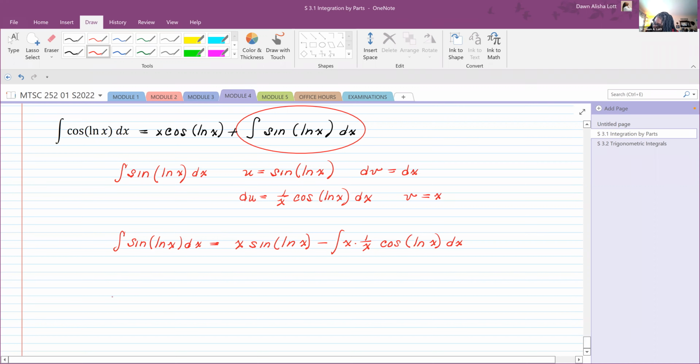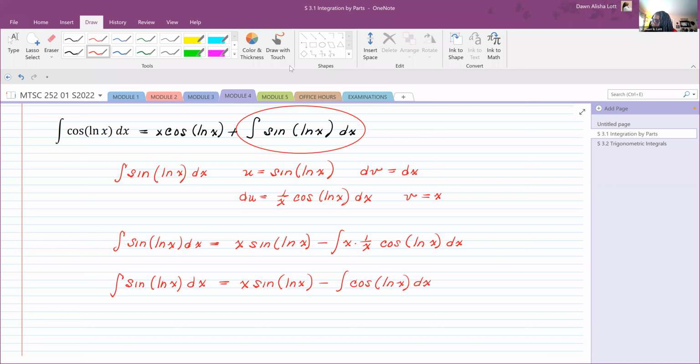So therefore the integral of the sine of the natural log of x dx is equal to x times the sine of the natural log of x minus the integral of the cosine of the natural log of x dx. Aha. Okay, so it looks to me like the cat found its tail.